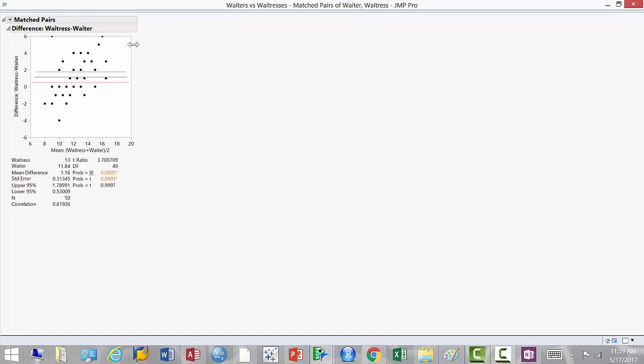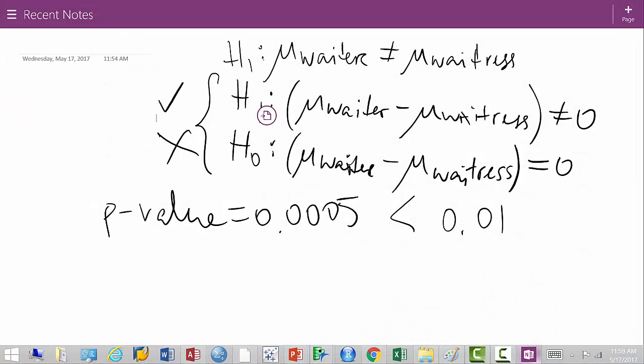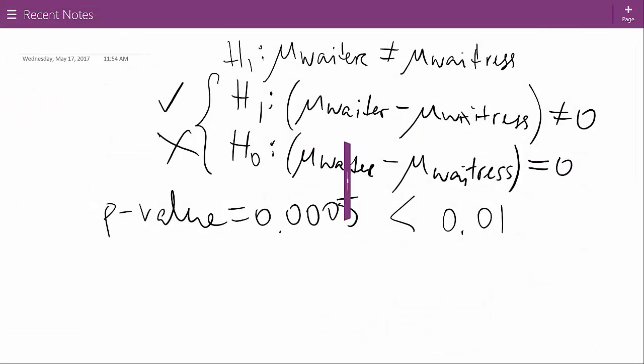So therefore, I can write this down. Okay, let me create a new page. What we're estimating, and a confidence interval is an estimation, is the average tip for the waitress minus the average tip for the waiter.